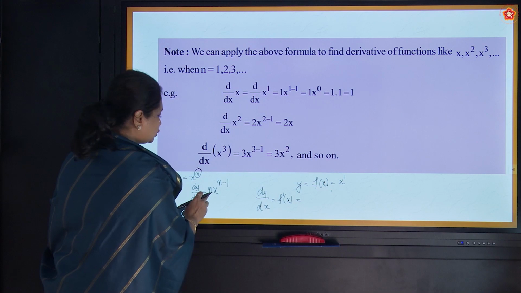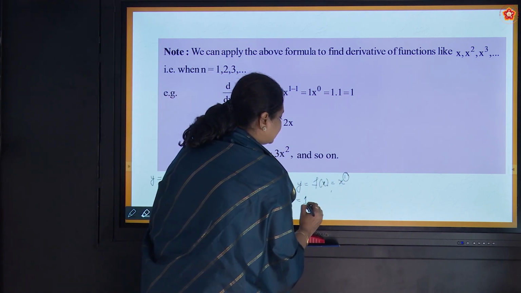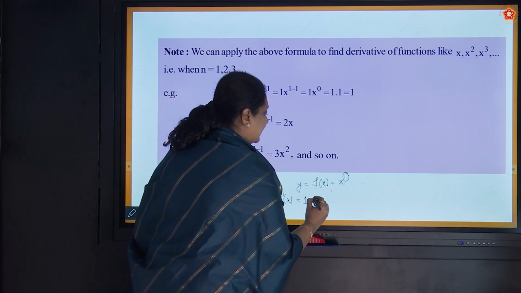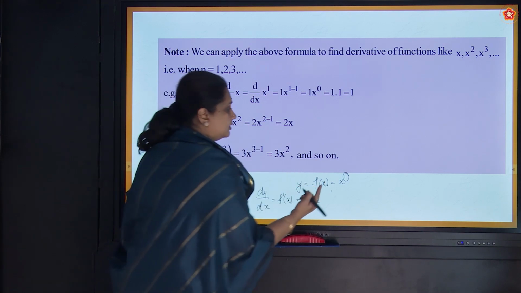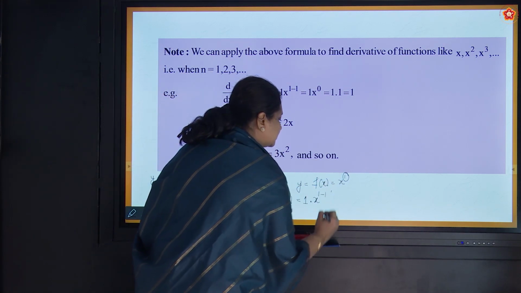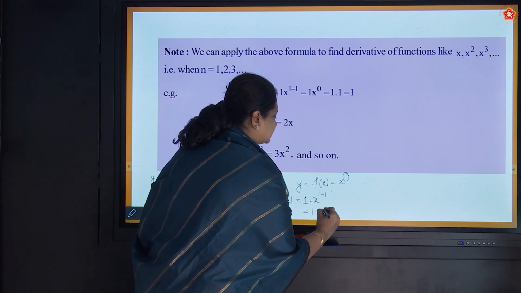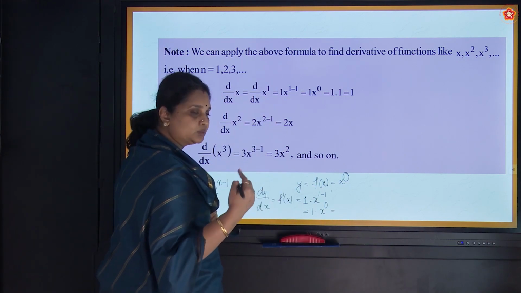So the first step is to bring the power down. I have this 1. I first put that, multiplied by the same function with one less on the power. So when the power is 1, I just subtract 1 from it. That is nothing but 1 into x power 0. You all know that anything raised to the power 0 is 1 itself.